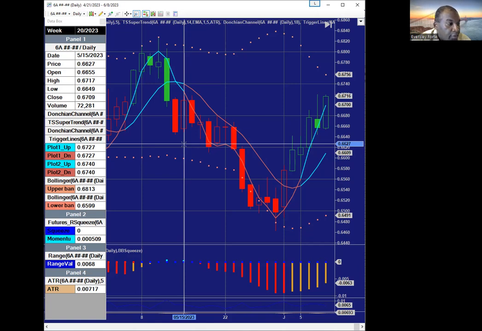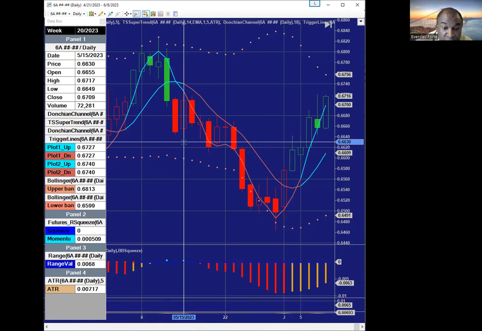Okay. Any questions so far? I'm going to go through this pretty slow to make sure everyone gets it. So the low is 0.6649. Someone tell me, if I want to get in 10 ticks below this low, what number would that be? If 0.6649 is the low, what would 10 ticks below it be?